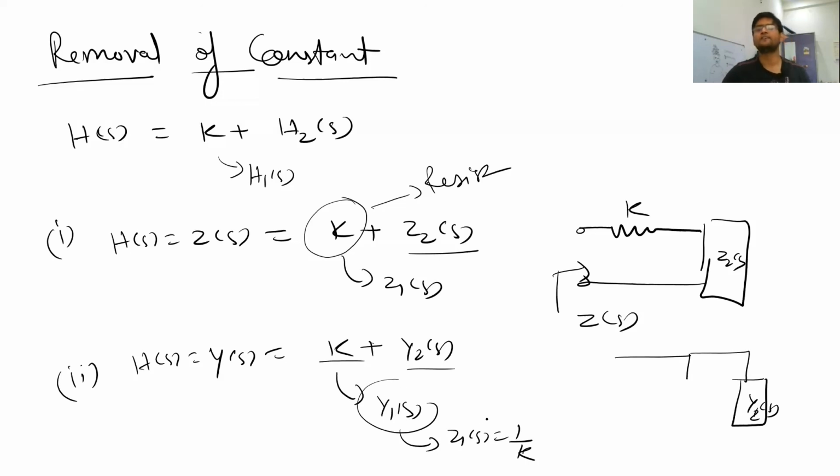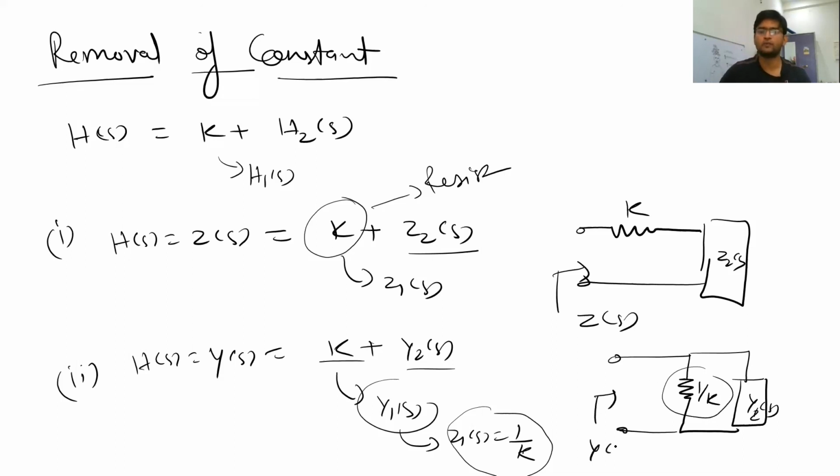Y1S is basically an impedance whose value is 1 by K. Since 1 by K is also a constant, it is basically a resistance, and its value is 1 upon K. So it is in parallel with Y2S. So this is Y1S and this is Y2S, and both these things are in parallel. So this whole combination is called Ys. So this is how you represent the removal of constant from any network function, whether it is in the form of impedance or admittance function.